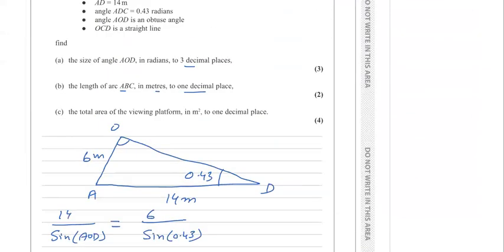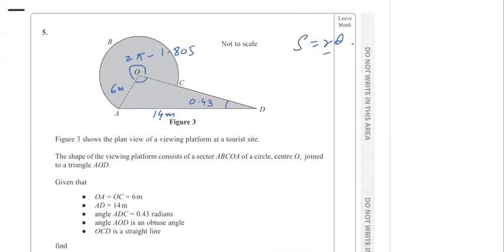Then part C asks for the total area of the viewing platform in meters squared to 1 decimal place. So we need to find the total area of this platform.